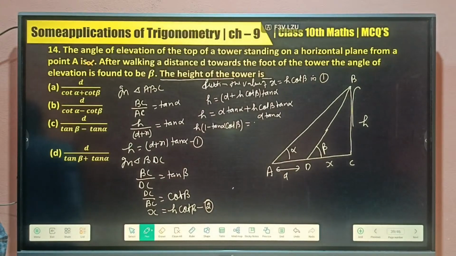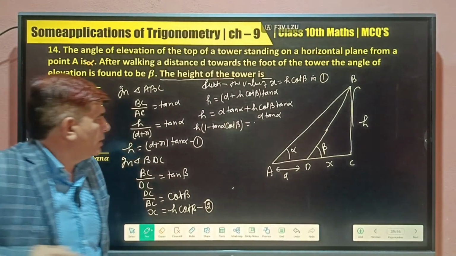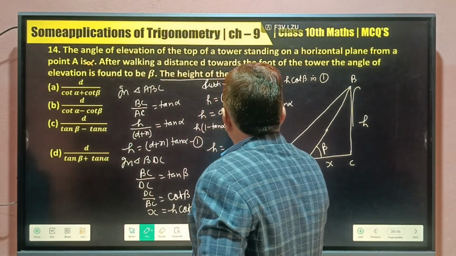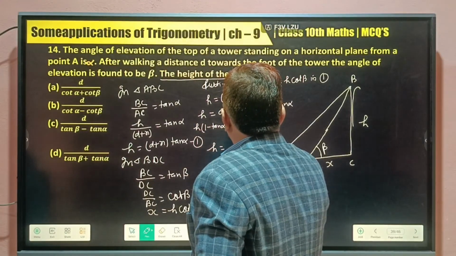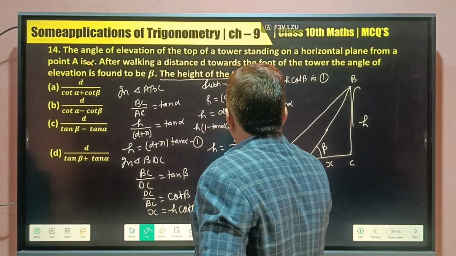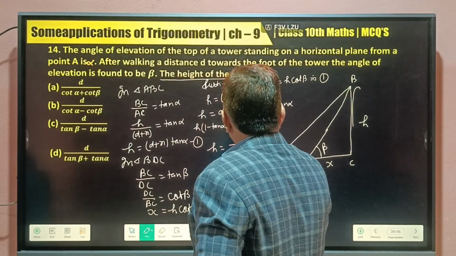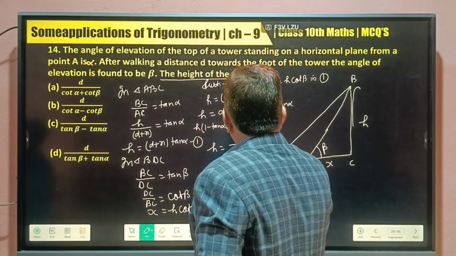So H is equal to D tangent alpha divided by 1 minus tangent alpha cot beta.